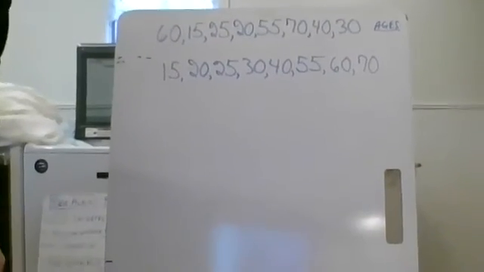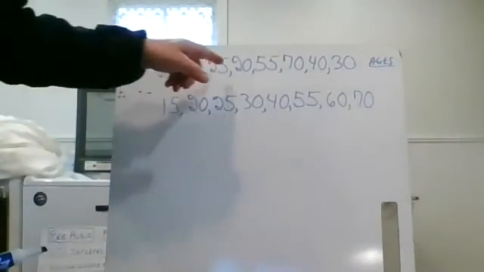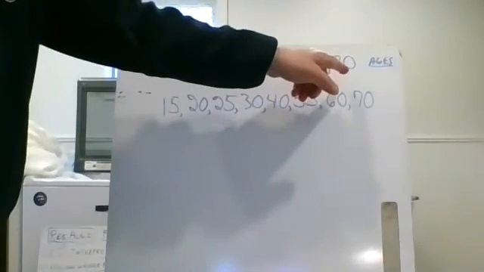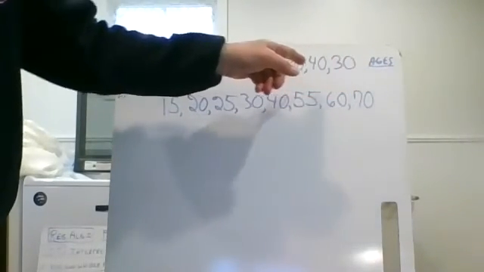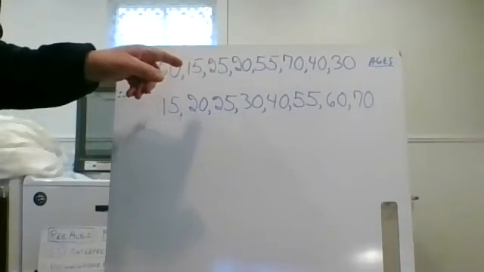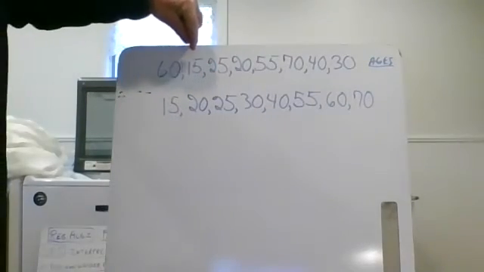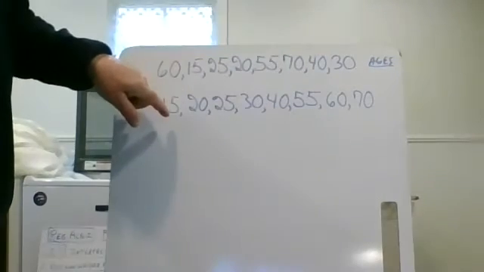So here we go. We start with data. The data up here is not in order. These are ages of people, and we want to put them in a box and whisker plot. So the first thing you have to do is take these values and put them in order.